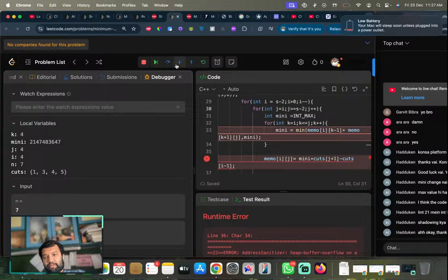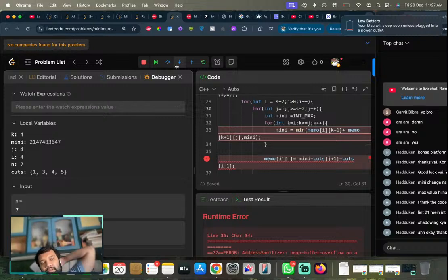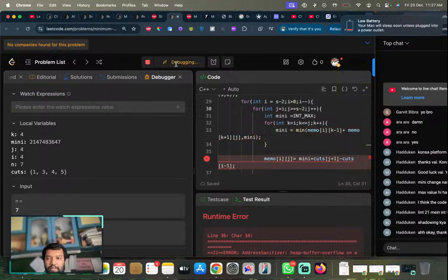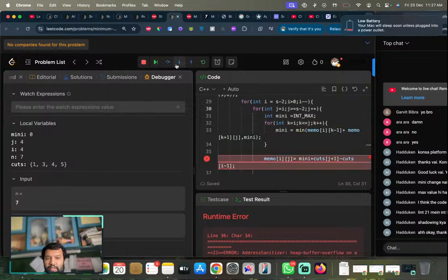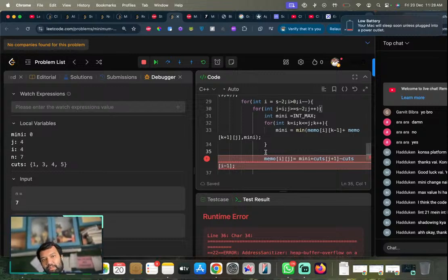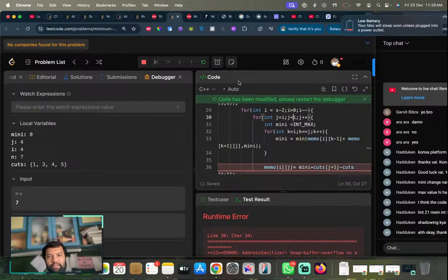K is equals to 4. I plus. I don't know how we'll do.